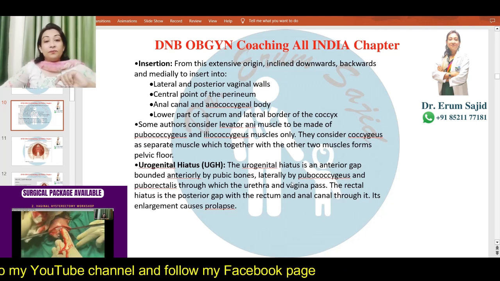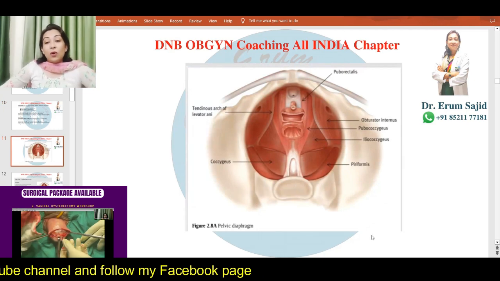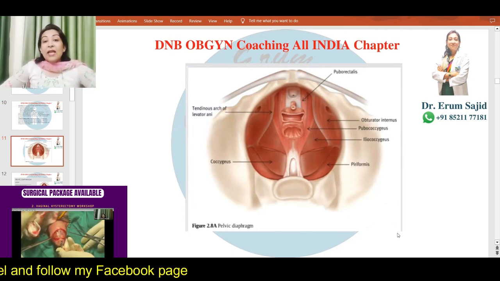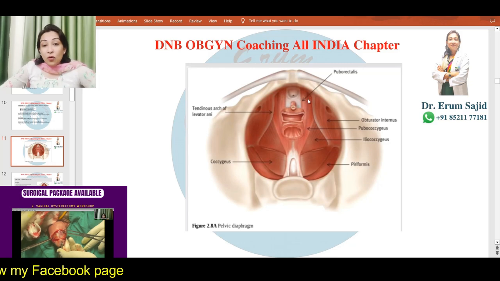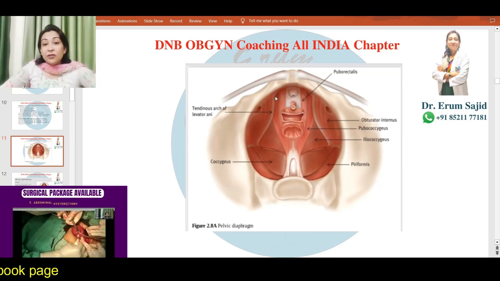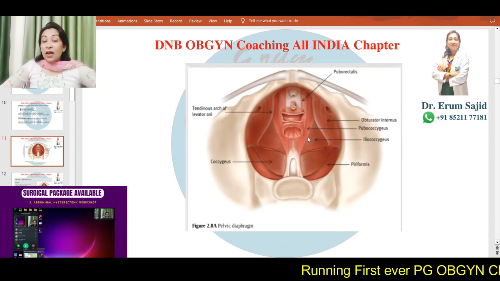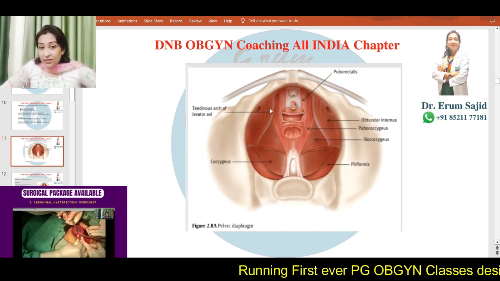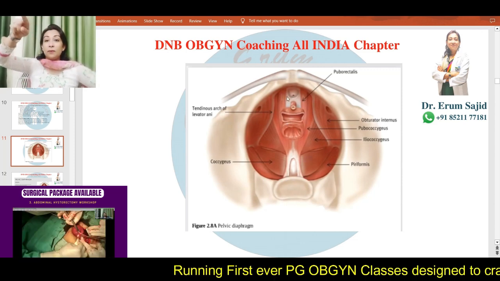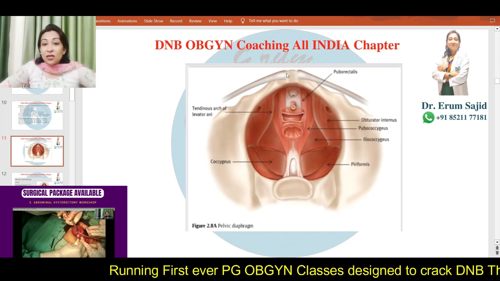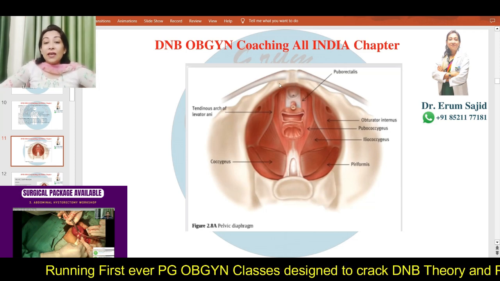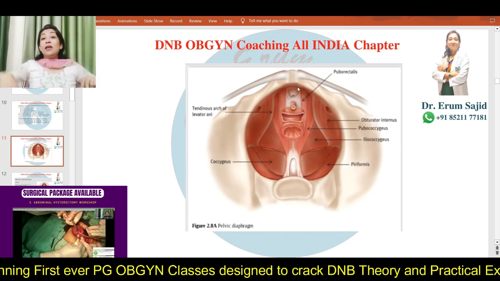Okay. This is the diagram that I wanted to show you. If you can see over here, this is the puborectalis. It's running through and through. It's encompassing the vagina, so it's called pubococcygeus, of course, which has two divisions. Pubovaginalis when it slings around the vagina, and when it slings around the rectum, it goes like this. It's like a U shape. So it basically inserts over here, but it's taking a U around like a sling.